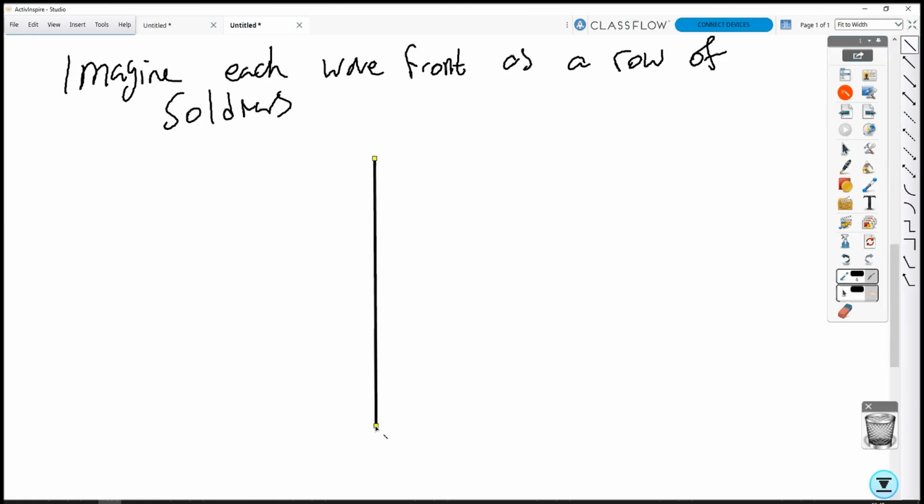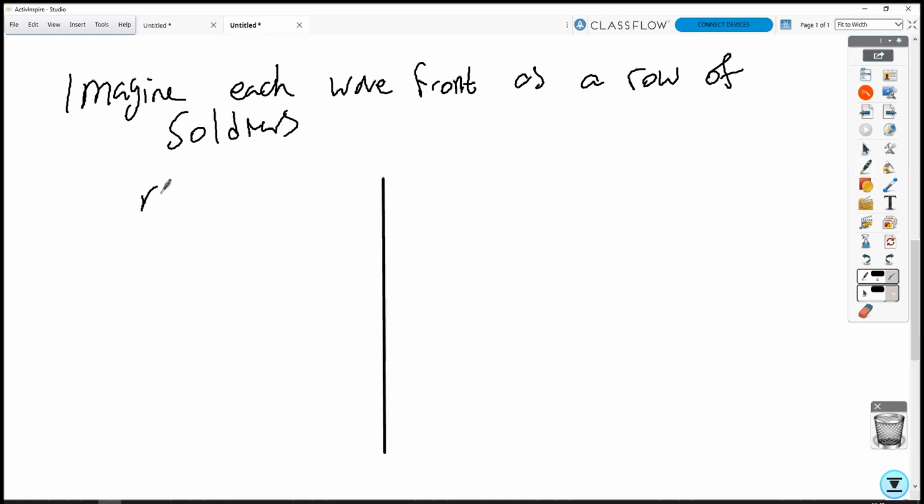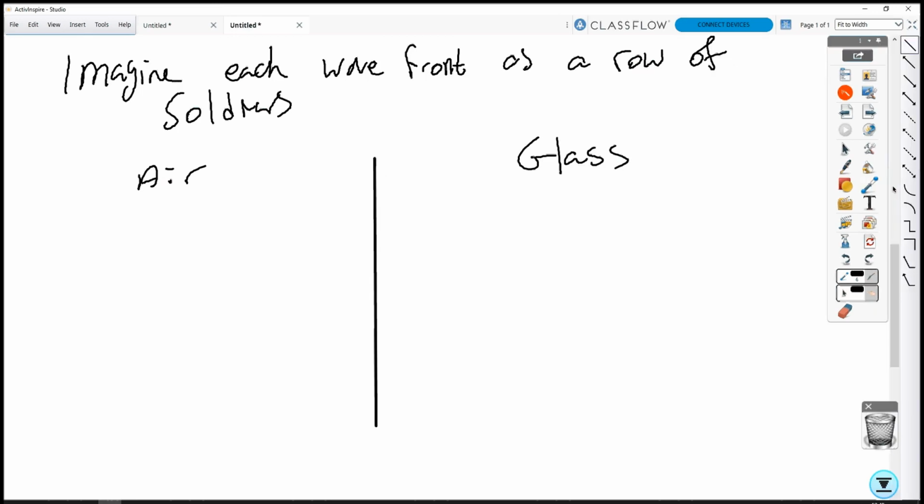So if we did our air glass boundary again, and we had it entering at some angle, okay, we're about to reach the boundary now.